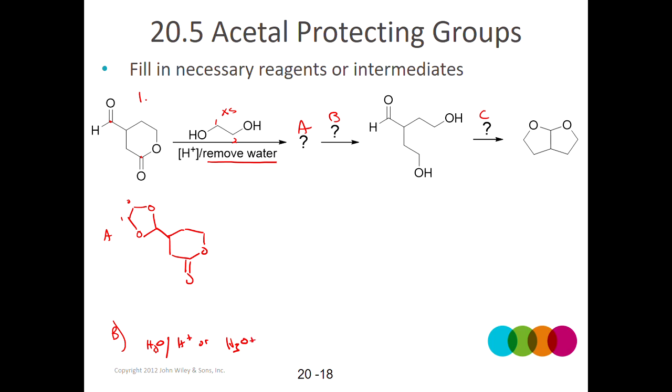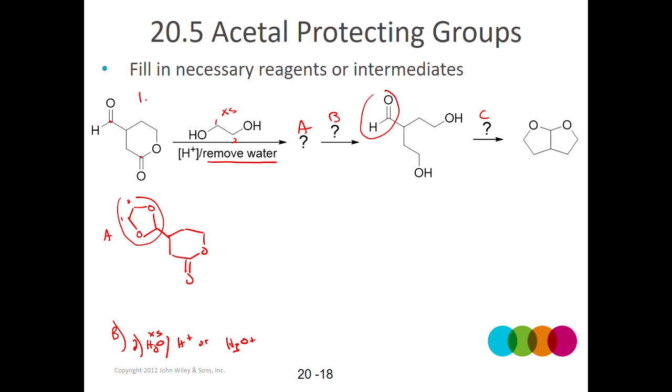But it's nice to write this way because then I can say excess will really help shift that equilibrium back toward the carbonyl side. So these reagents would convert this cyclic acetal back into the aldehyde group. But I obviously don't want to do that first, because what would be the point of putting it on and then taking it off immediately?